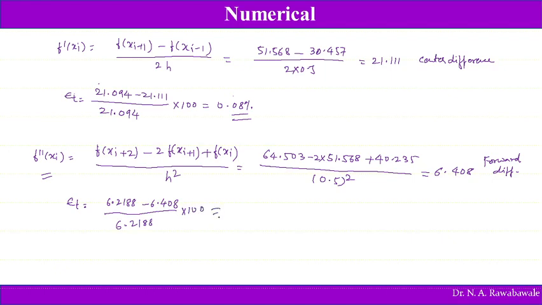So we get the error for the second derivative as 3.04%. So the second derivative we got here has an error of 3.04% when we used the forward difference formula.